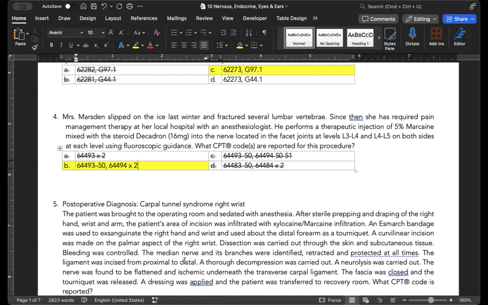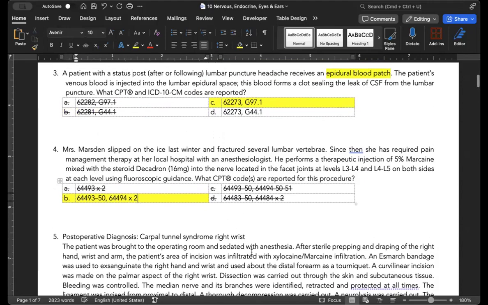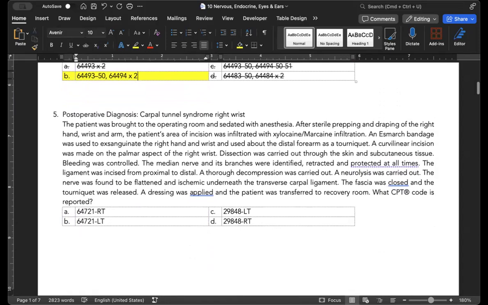And then the parent codes, the 64490 and 93, are the ones that, if it's bilateral, you'll use modifier 50. Okay. Any questions on that one?